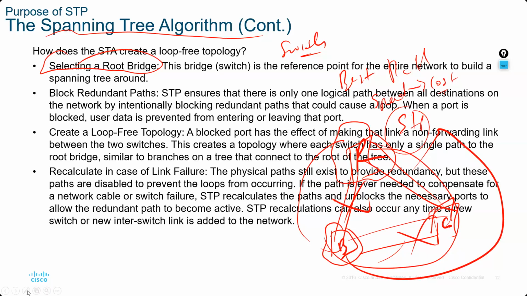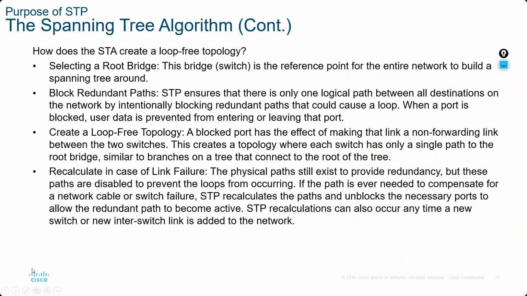I'm going somewhere. Follow me carefully, and we're going to demonstrate everything to you guys. So you select the root bridge, and this switch is a reference point for the entire network to build a spanning tree around. When we have the root bridge, it becomes a reference point where everybody says, okay, all the way leads to this guy.